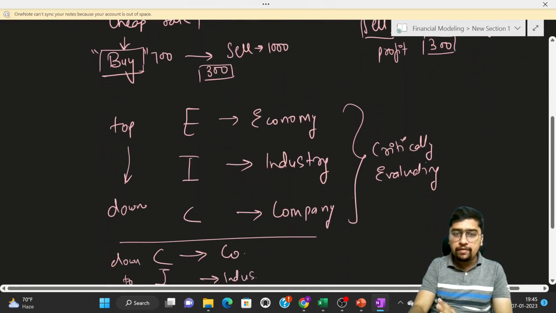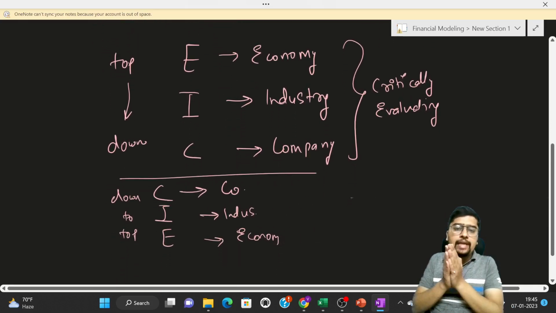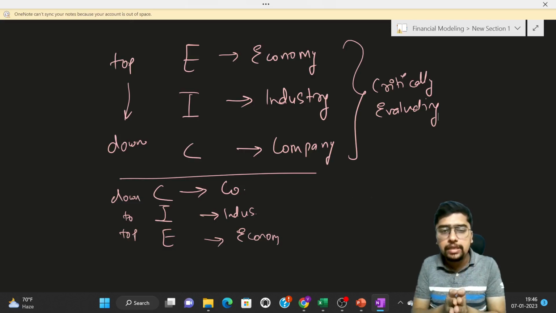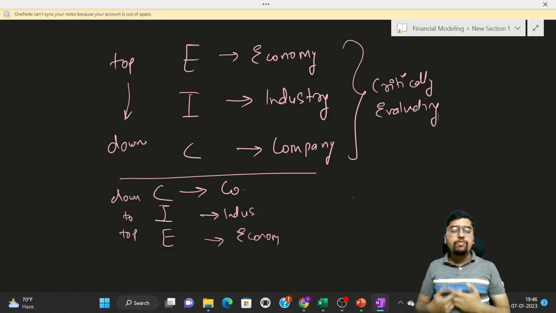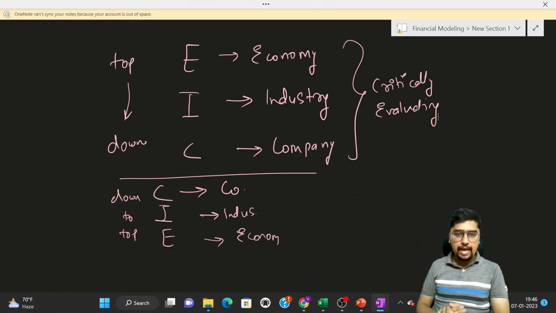So, our ultimate objective is going to be studying the economy, the industry, and the company in detail so that we can see where the company is going to land in future, and then we can do its valuation. So in the next video, we will start with small parameters of EIC, and gradually we'll try to understand some other allied things which are required for this analysis. Let us meet in the next video.